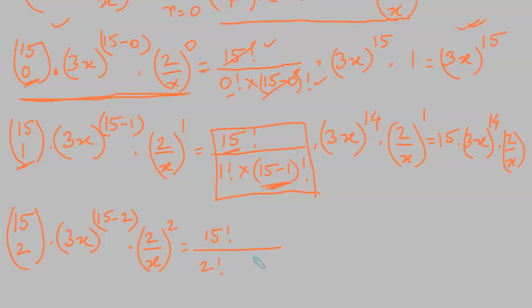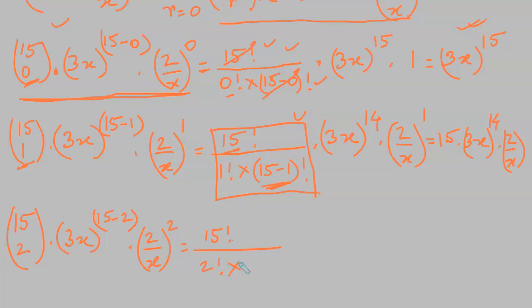Now this one I won't be simplifying because they have asked us not to simplify. The previous two were very easy, that's why I had simplified them, and I'll be giving you the rule as well, but after I complete this entirely.